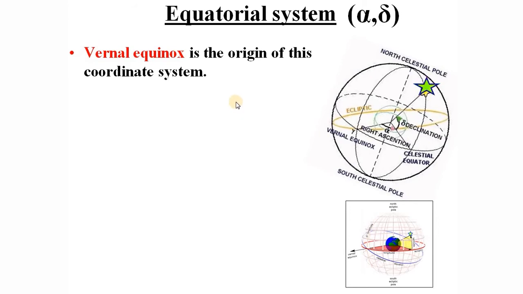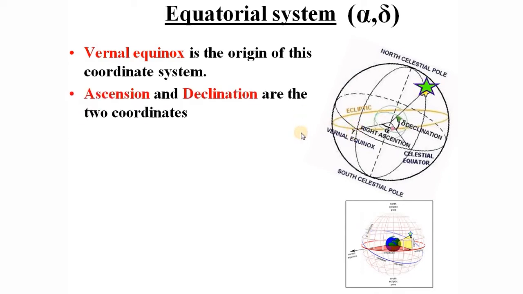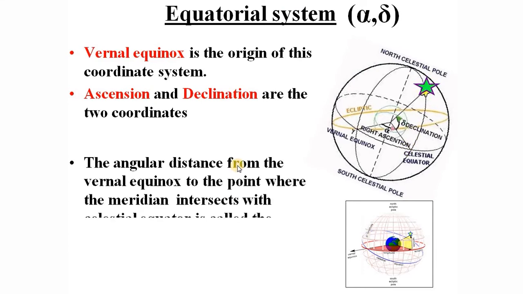First thing is that vernal equinox is the origin of this coordinate system. As shown in the figure, vernal equinox is here. And second thing, ascension and declination are the two coordinates. Ascension is also called right ascension because we are moving rightward in order to make the measurement. Right ascension is usually used by astronomers, and the declination is the angle measured along the meridian plane.